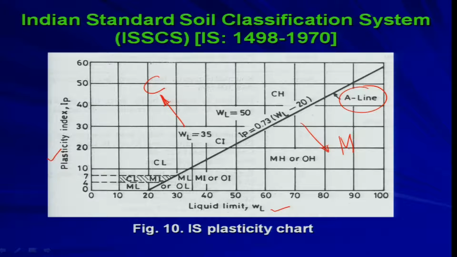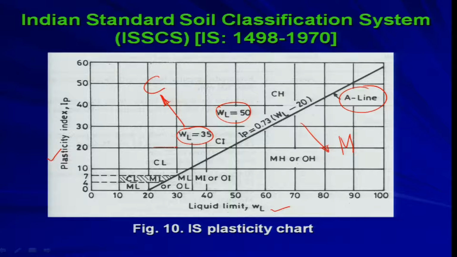Now, if anything comes within this hatched zone, we have a special kind of notation for that. Then you have the boundaries of liquid limit, that is when liquid limit is equal to 35% and when liquid limit is 50%.